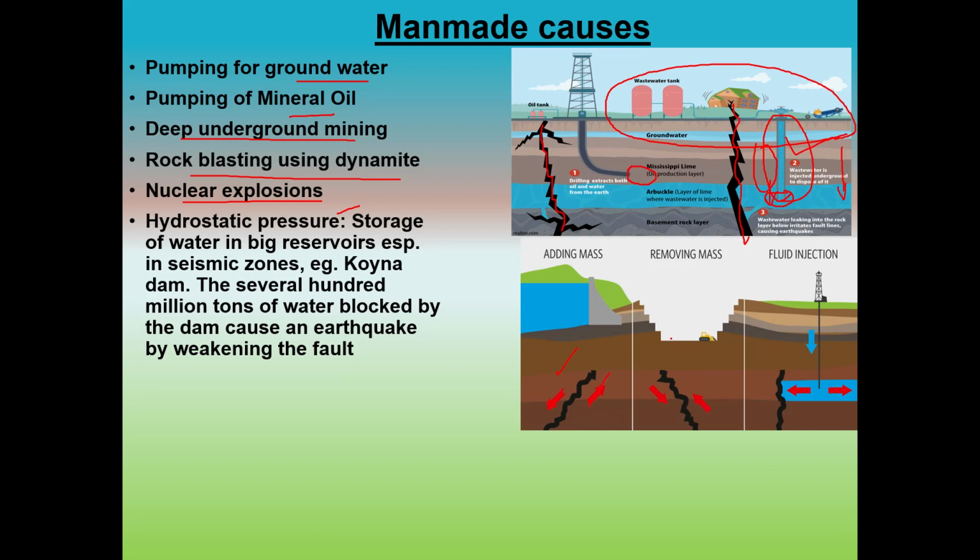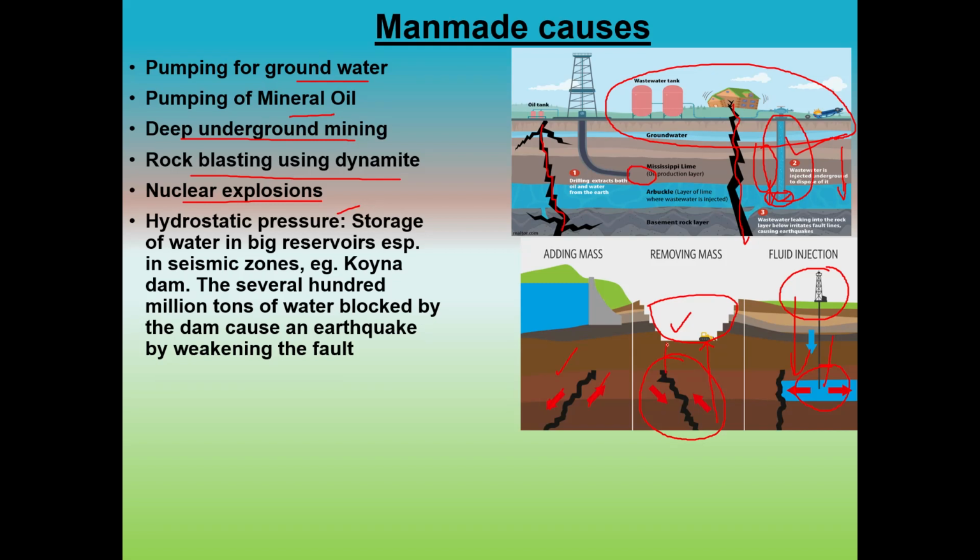If masses are taken out for construction or mining purposes, then a vacuum is created, the upper layer rocks are pressurizing, and then over here you will have an earthquake. In the same way, the rocks were adjusted to a particular balance, but when the upper layer has been taken out, or mass removed from this area, the upper layers' pressure becomes less and the lower layer pressure becomes more, and cracks start forming over there.